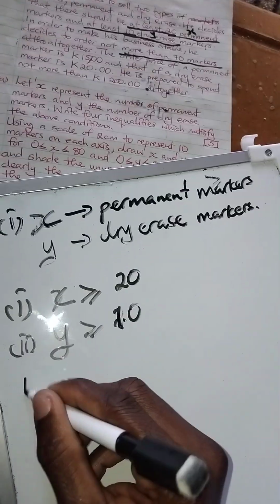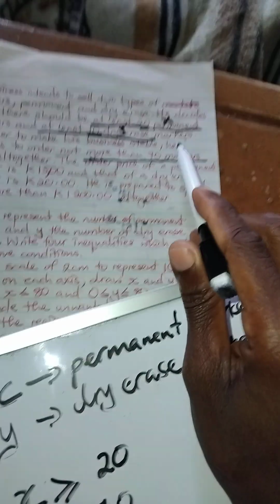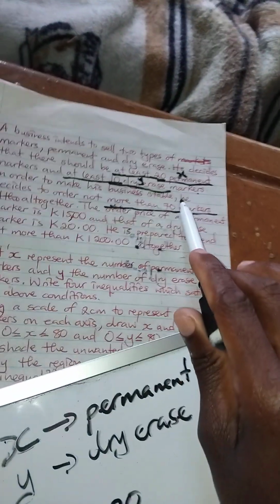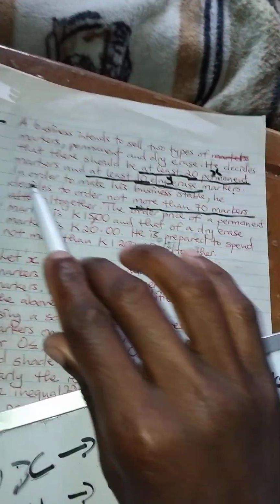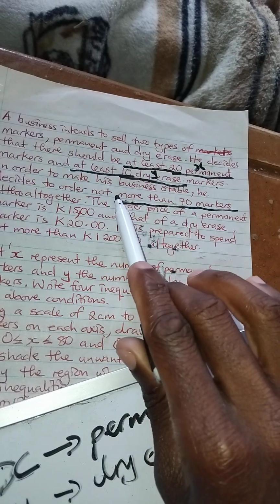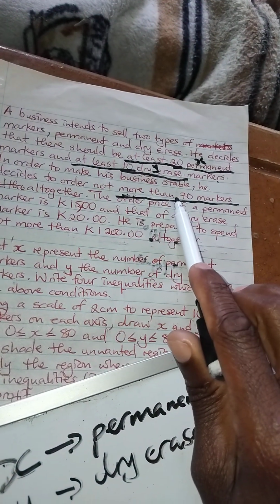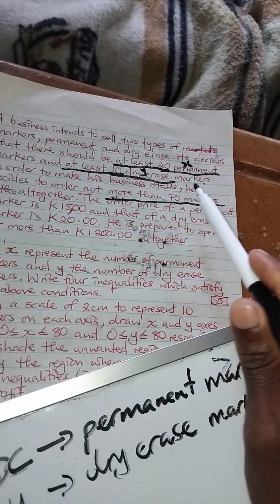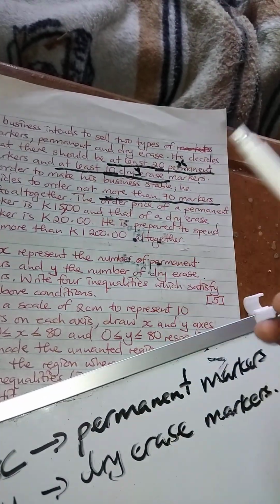Then the man, in order to make his business stable, decides to order not more than 70 markers altogether.